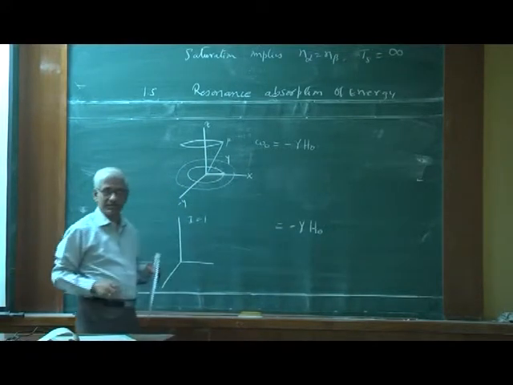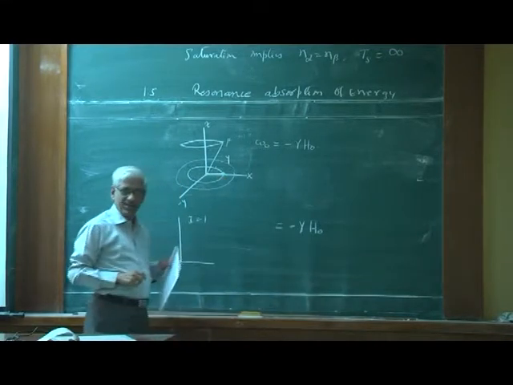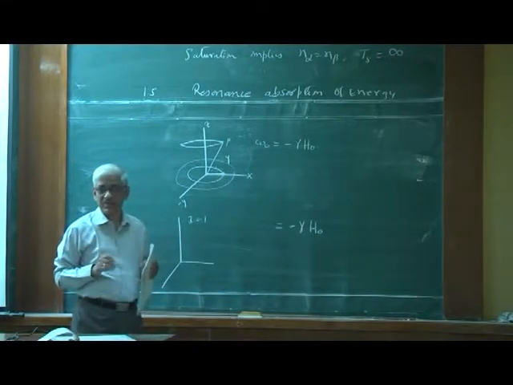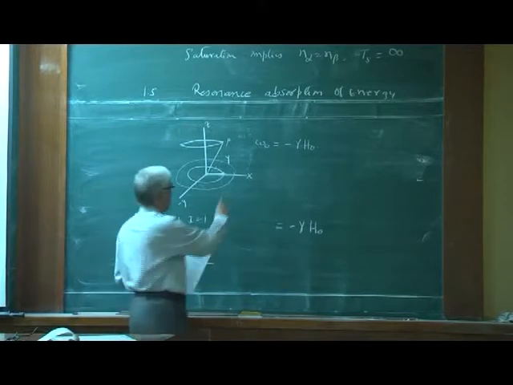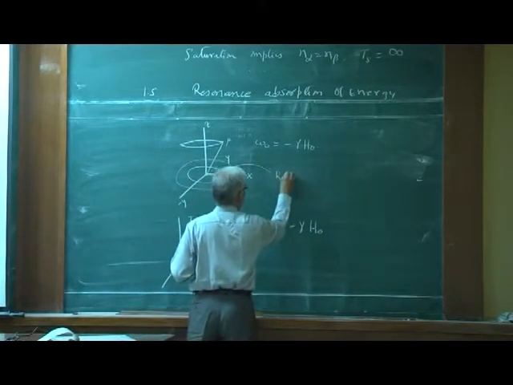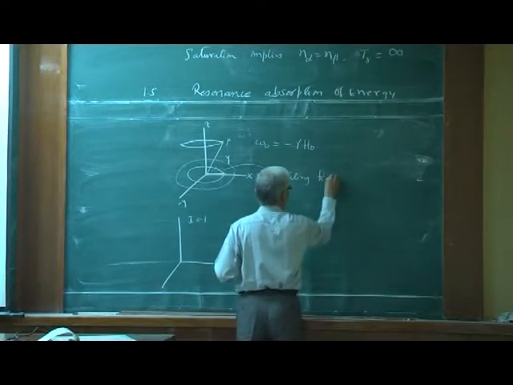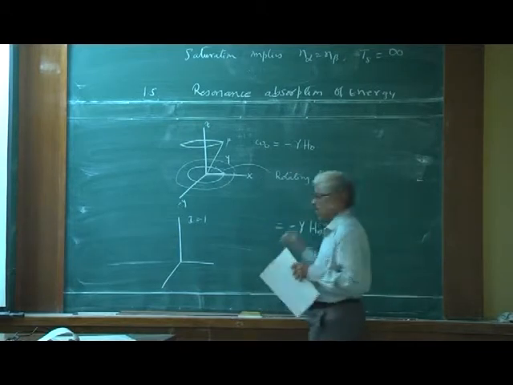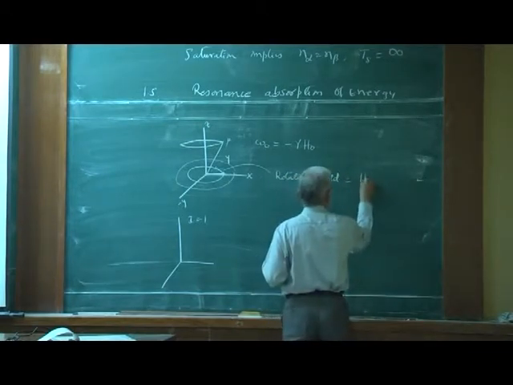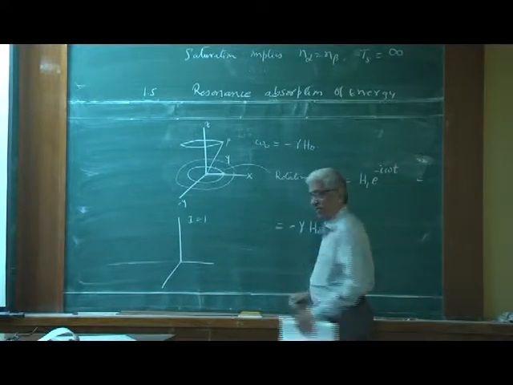This is a rotating field. This has an amplitude h1 and has a frequency omega. So this rotating field, I represent it as, this is the rotating field which you apply, and let us call this h1 e to the minus i omega t.